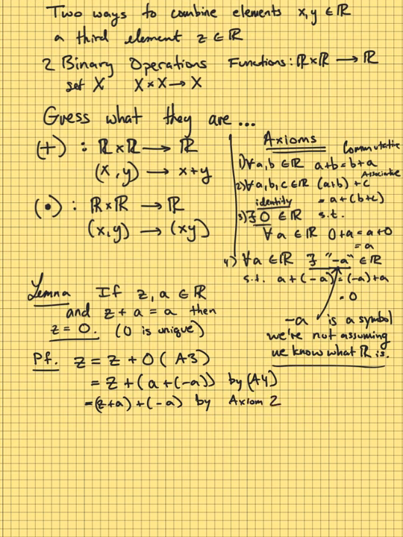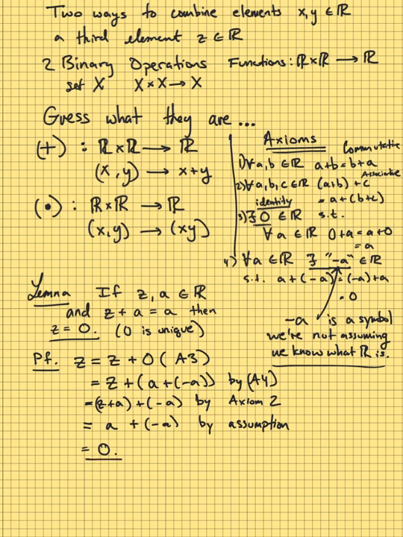And now what do we know about z plus a? Well, this is a by assumption, right? By assumption on z. And therefore, this is 0.